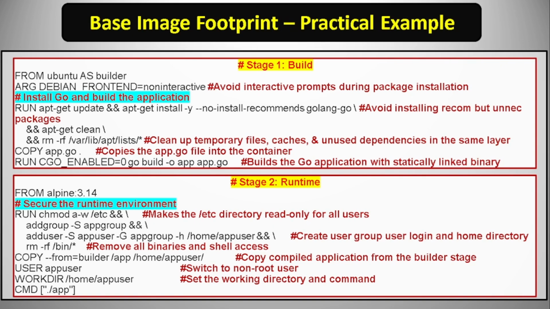We clean up the temporary files and unused dependencies using apt-get clean or rm -rf. We also made the /etc directory read-only. We created a non-root user as well, and we deleted all the binaries in /bin to remove the shell access. The final image only includes the compiled application and necessary runtime dependencies, making it small and secure.